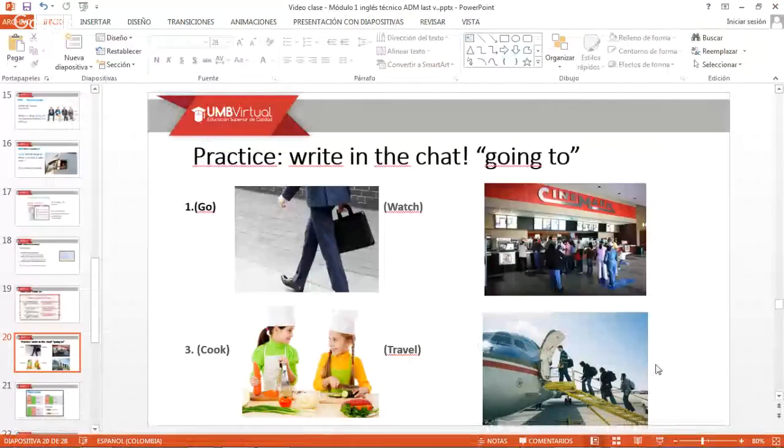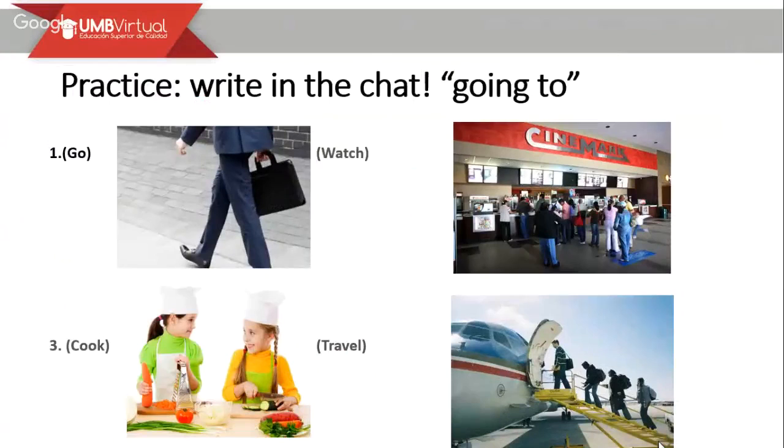Okay, guys. So here for the first one, what can you say according to it? He's going to work, okay. He's going to the bank, and there are different possibilities right there, yes. Number two, watch. So suppose that you are referring just to a couple. So they are going to watch a movie.